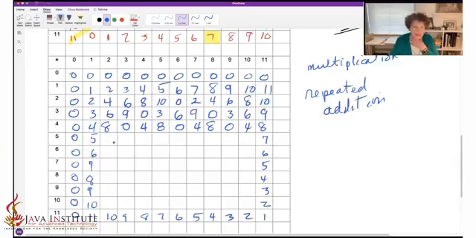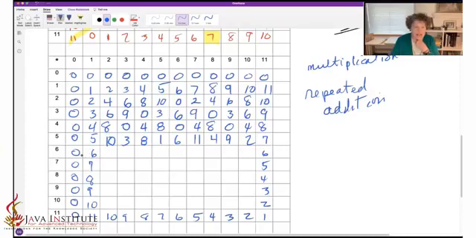Oh, this isn't going to be so nice. 15, but that's 3. Add 5 and we get 8. 13 is 1, 6, 11. 16 is 4, 9. 14 is 2. That was a mess, but, you know, what can we do?